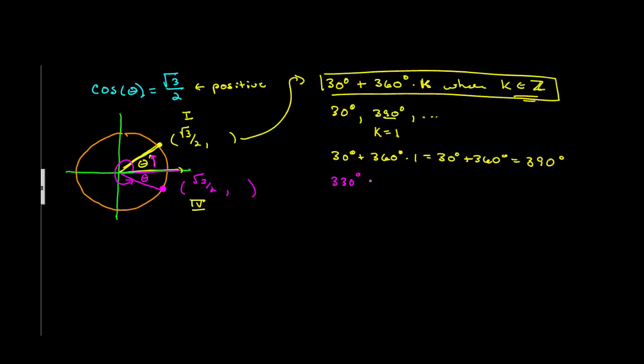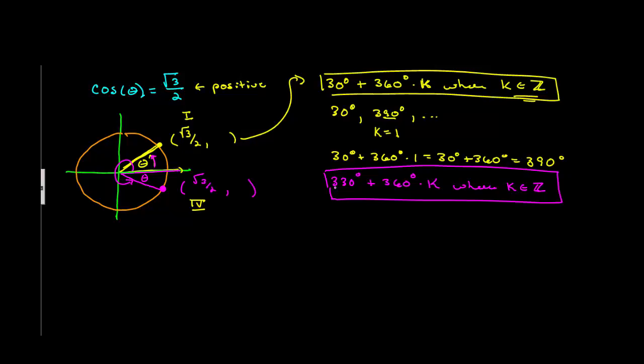So 330 degrees plus, now we need to start adding revolutions again. So take a revolution, multiply it by an integer value. And this gives us another set of solutions.